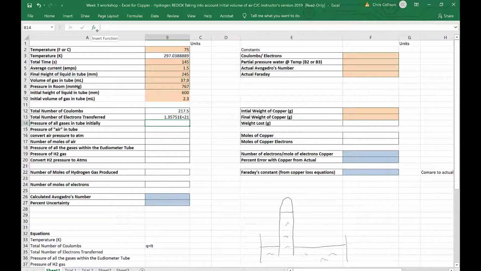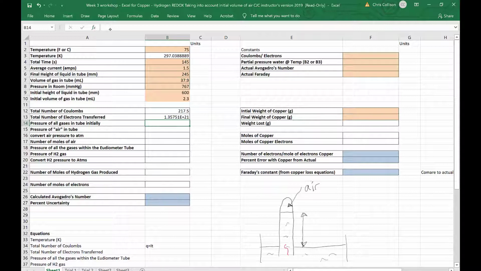And what happens is we've got our sulfuric acid that sits over the top of the water level, but we also have, if we haven't completely filled up this tube with liquid, some air at the top of this tube, and we need to account for the volume of that air in order to know how much gas actually came from the reaction.